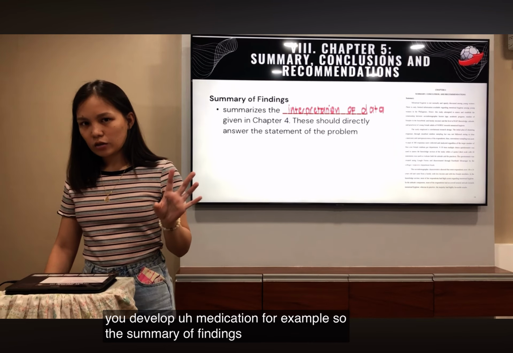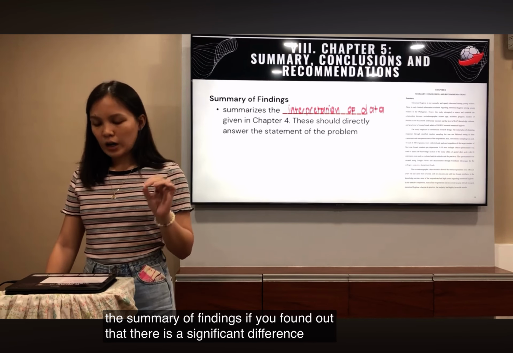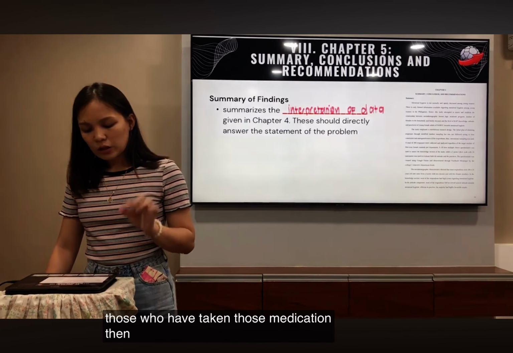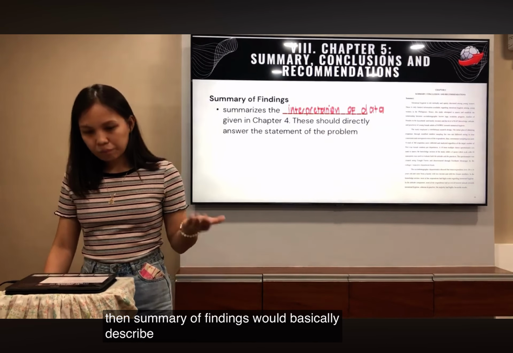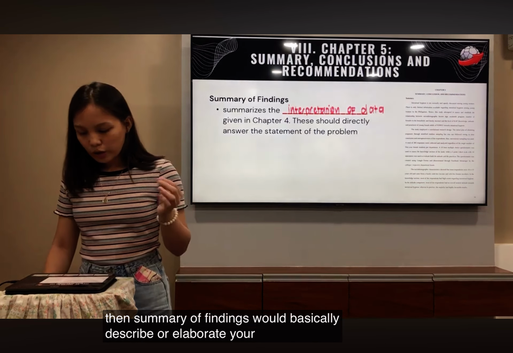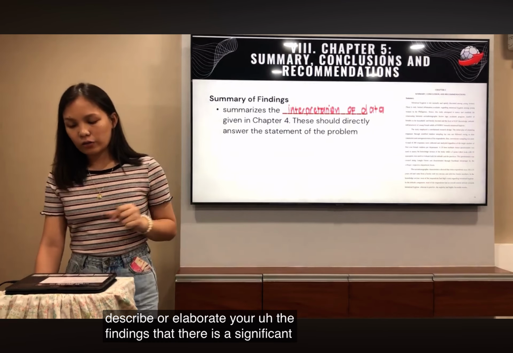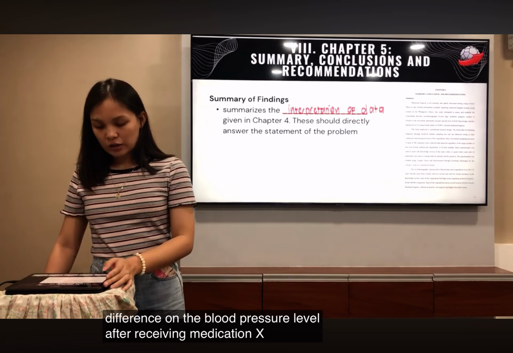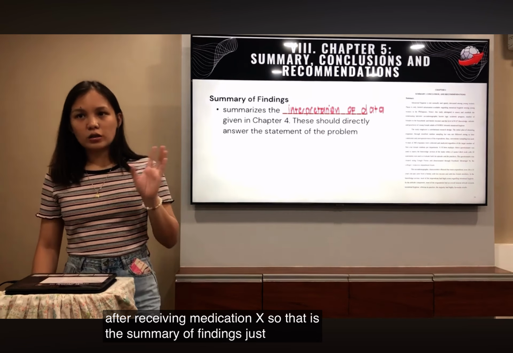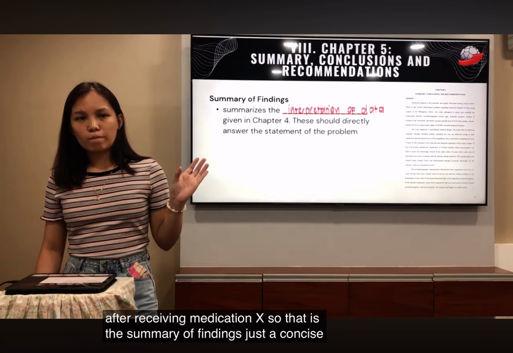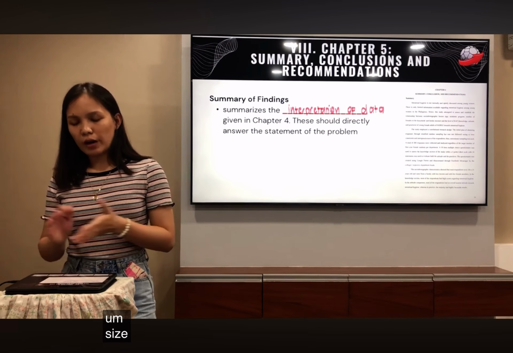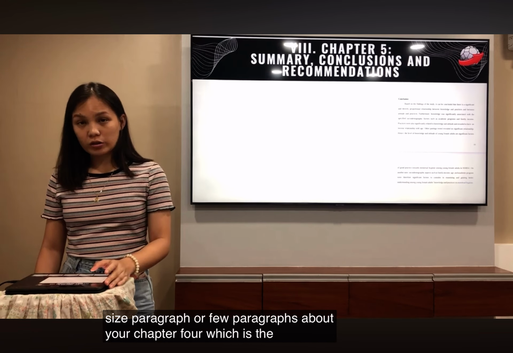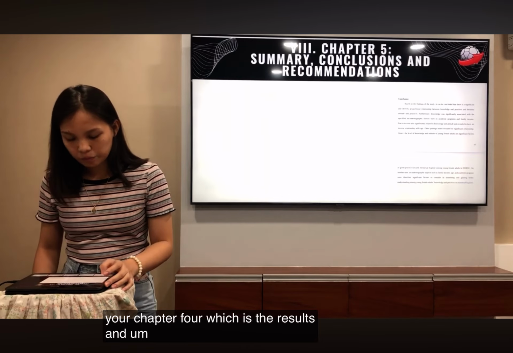So if you found out that there is a significant difference in the blood pressure of those who have taken the medication, then the summary of findings will basically describe the finding that there is a significant difference in the blood pressure level after receiving medication X. So that is the summary of findings, just a concise paragraph or a few paragraphs about your chapter 4, which is the results and discussions.